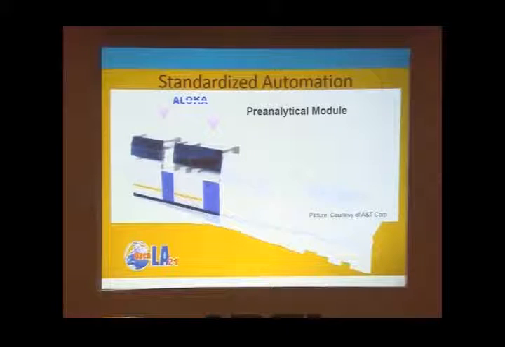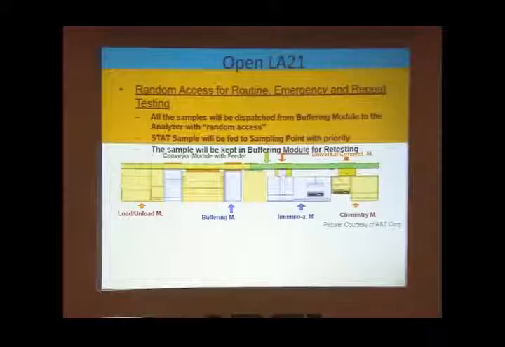And I have just shown the photograph of a standardized automation where you can see there is a loading unit where you load the samples, and there is a buffering unit. Then from there, the samples are directed to the immunoassay or the chemistry assay analyzer, or any other analyzer that you want.